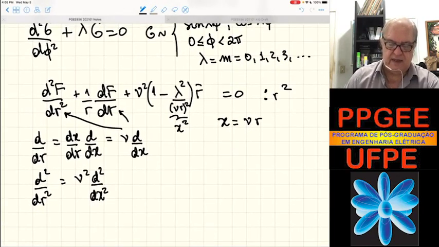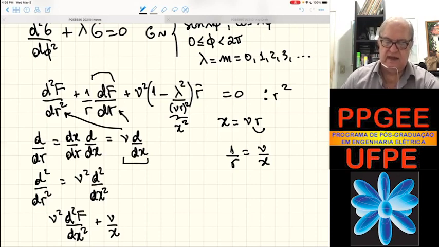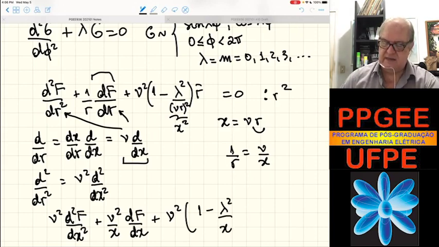Then we end up with nu square d2f/dx square plus 1 over r, equals nu over x, df/dr equals nu df/dx. So it's going to be nu square plus nu square 1 minus lambda square over x square f equals 0.